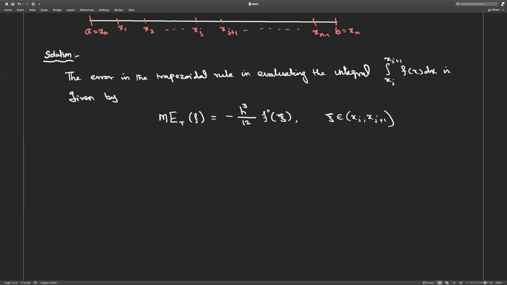Now, the composite trapezoidal rule is nothing but the sum of the trapezoidal rules applied to each of these subintervals xj to xj plus 1.